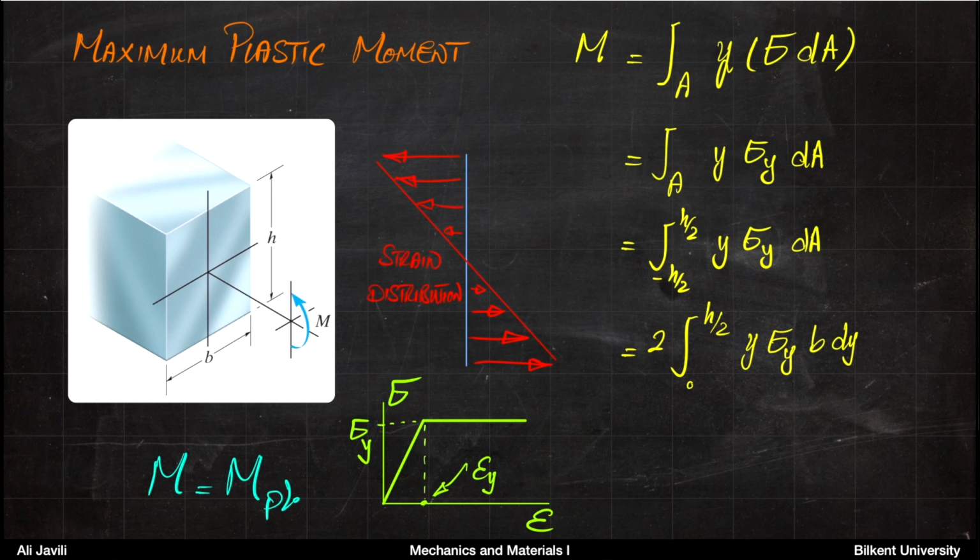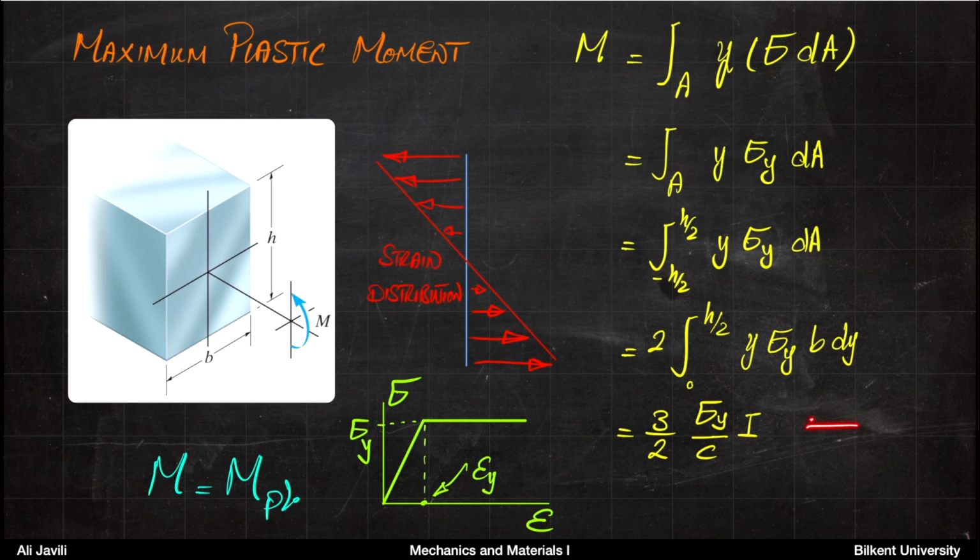But as I mentioned, if you are not careful with the sign, you may want to just integrate over half the area, from 0 up to h over 2, and then multiply that by 2. By doing that, you automatically account for the sign, so you make sure that they don't cancel each other and you don't get 0.